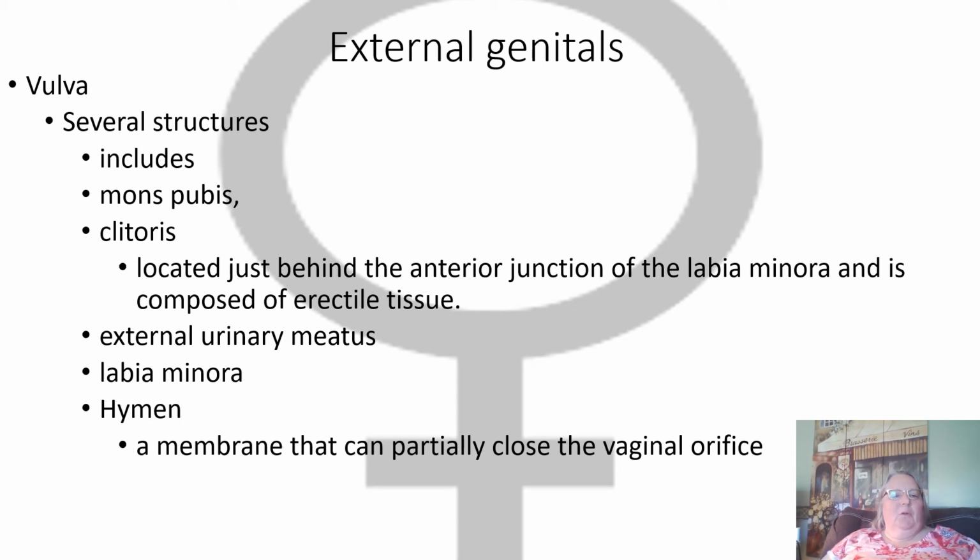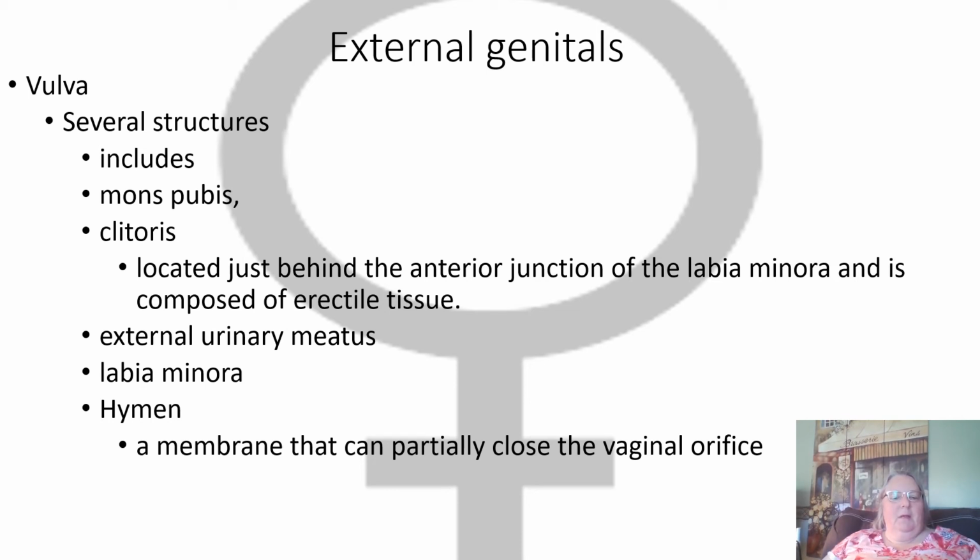The external organs, the vulva, which has several structures, which include the mons pubis, the clitoris, the external urinary meatus, the labia minora, and the hymen.